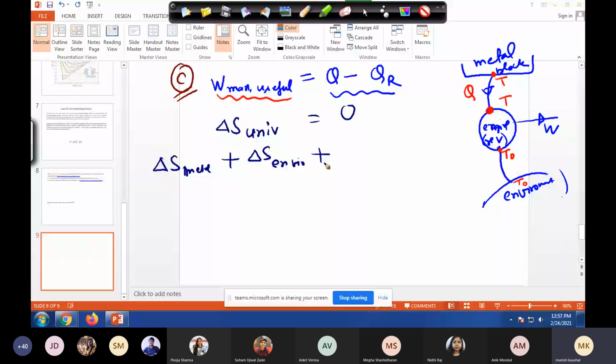Can you even tell what is delta S for engine? Remember, engine is a cyclic device, so delta S engine is 0.